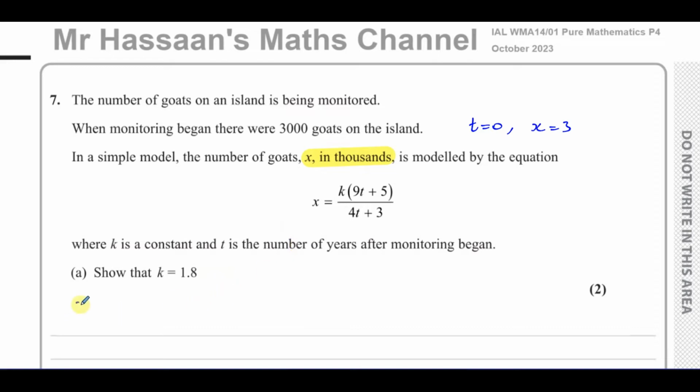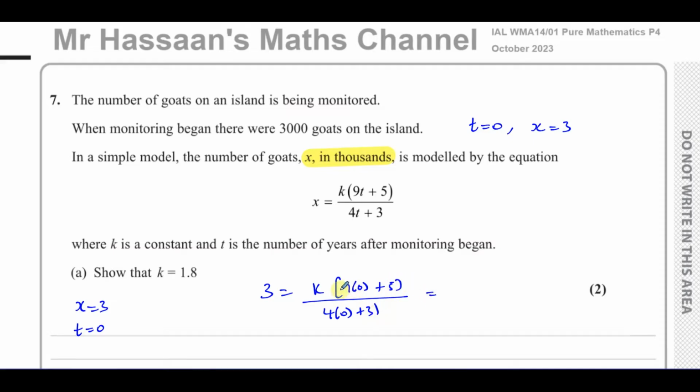So we know x is equal to 3, and we know that time is equal to 0, and we've got to find k. So we're going to have 3 equals k times 9 times 0 plus 5 over 4 times 0 plus 3.